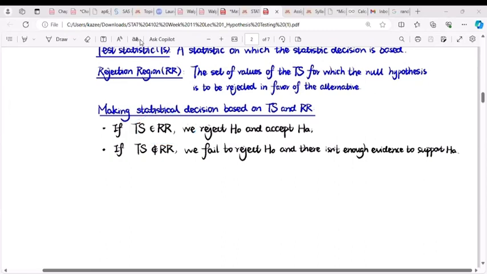But this one is saying when the test statistic does not fall in the rejection region, then we fail to reject the null hypothesis. We don't say we accept. We normally say we fail to reject. That is the right statistical clause to use. So in statistical decision making, we need to be able to see whether the test statistic falls in the rejection region or not.